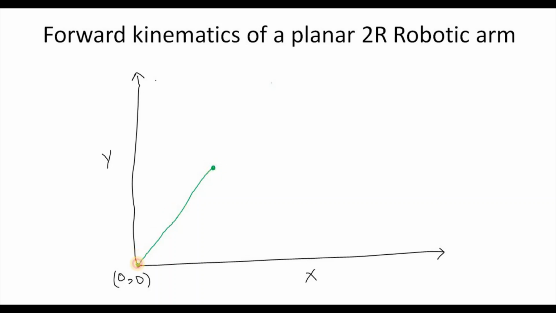One angle we have here, one joint, and this is joint number 2, and then we have link number 2, and finally here we have the end effector.